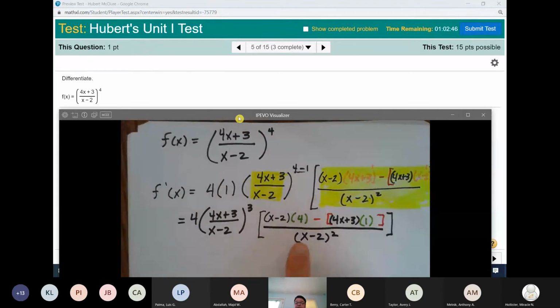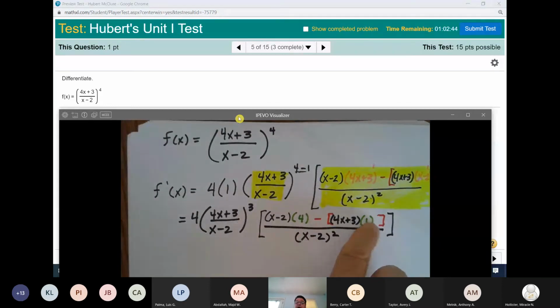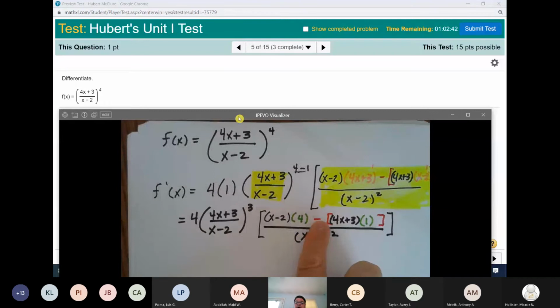Now I'm going to rewrite this, but I'm going to bring that 1 out here. If that was a 2, you'd bring it out here. If it was a negative 2, you'd bring it out here, and that would change it to a positive 2. So I'm going to show that step just so you can get used to doing it, because it does help out later on.